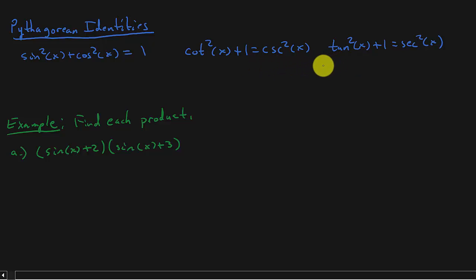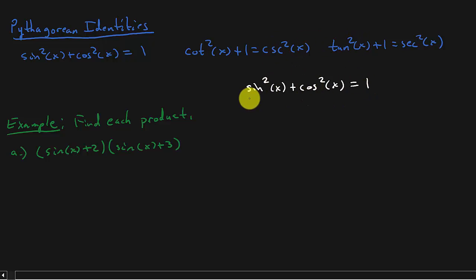But look, let me show you this real quick. If you memorize this one, sine squared plus cosine squared equals 1, you can get the other two.